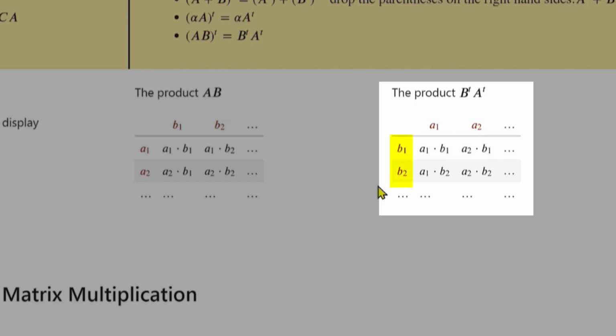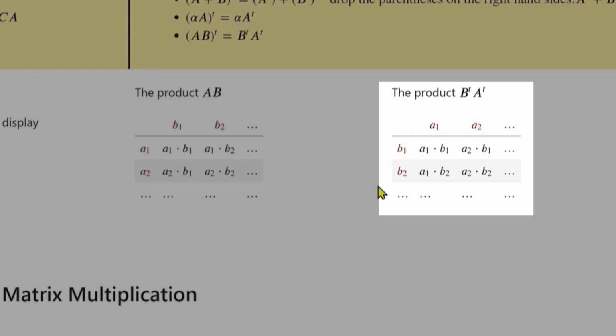I'll have to write the B vectors as rows and the A vectors as columns. But originally I had the B vectors as columns, so I'm going to have the transpose of B on the left in this multiplication. And similarly, the A's originally were written as rows, and therefore I need the transpose of the matrix A to get the columns of A.